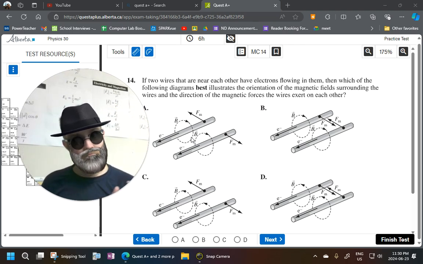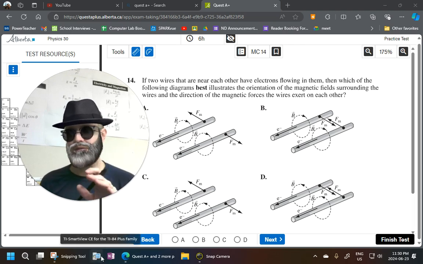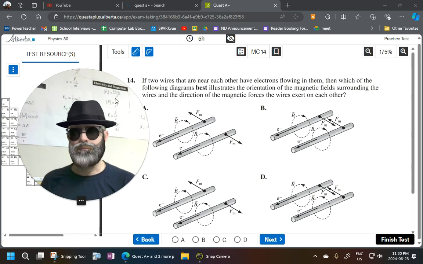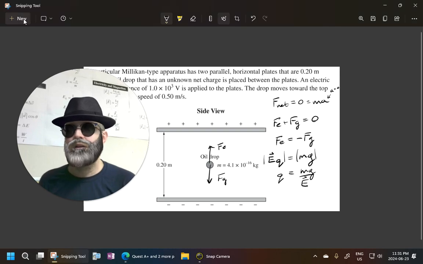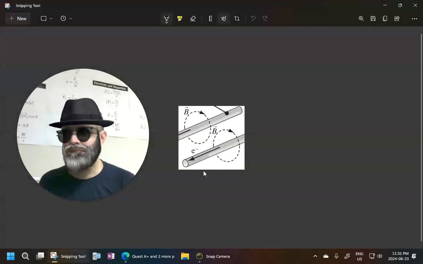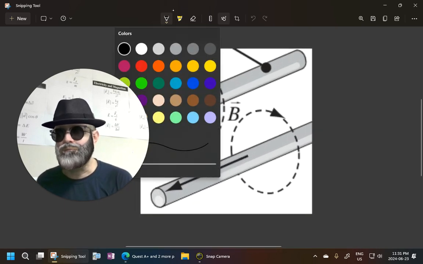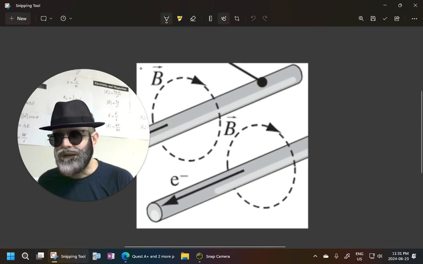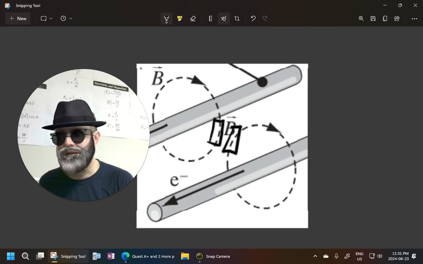Now, remember, what's happening here is that these fields produce these kind of weird little mini magnets, these invisible magnets that you can't see. So if I were to zoom in to this section right here, and draw in what we call these little mini magnets, right here, draw a little magnet here, and a little magnet here.